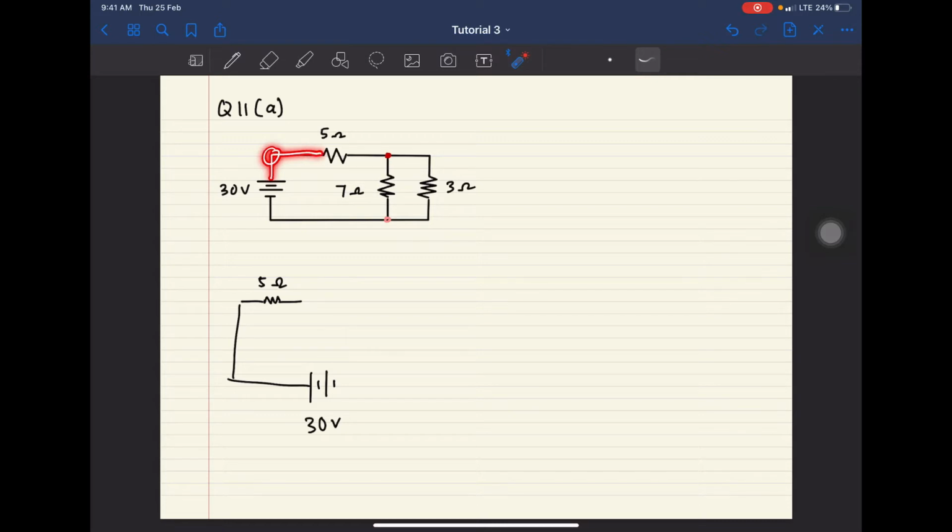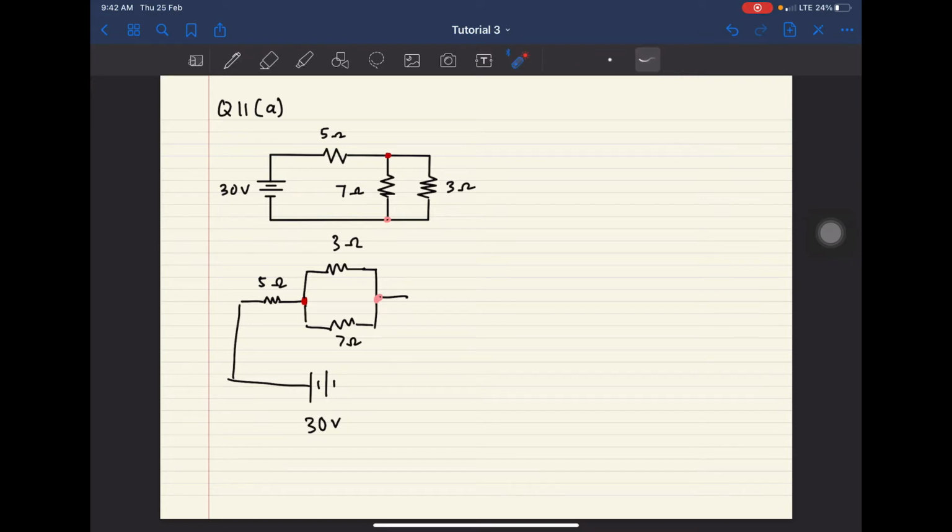So it goes along, meets the resistor, goes straight, and then splits up into 2 at a junction there. I'm going to redraw the junction as well. I can split up into 2, meeting 3 and 7 ohm respectively, and combine back at a junction there, which is in pink color.